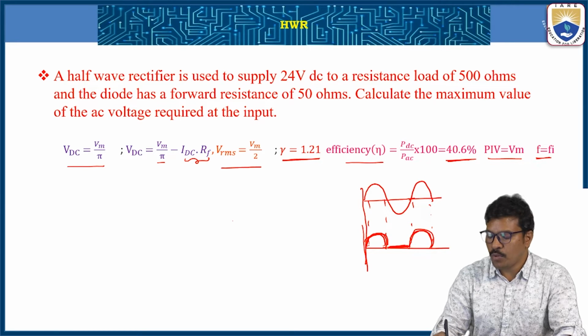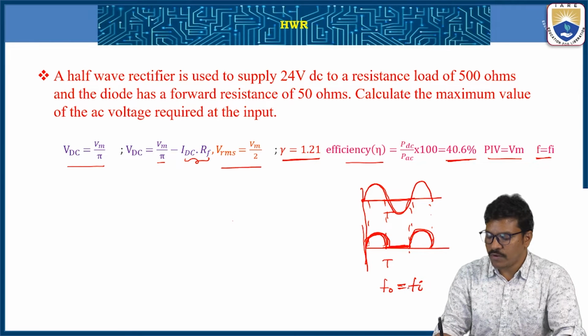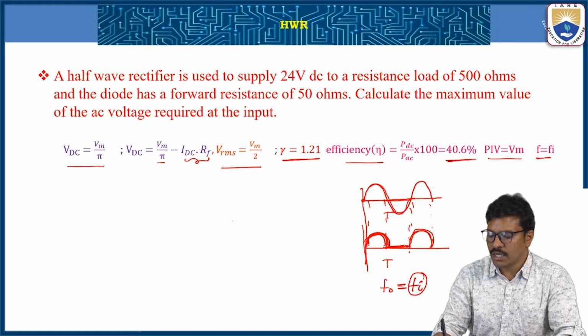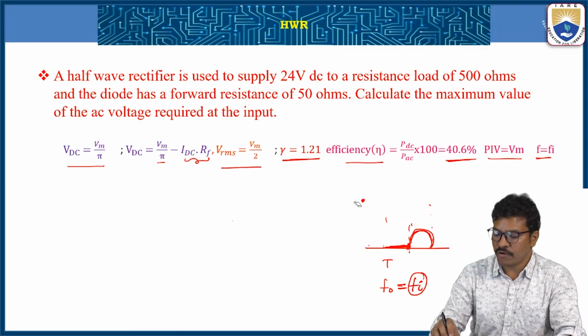When we measure the frequency from the time period, the time period is one full cycle, positive and negative half. Here also the output is one half cycle and a zero cycle, so the time period is the same, capital T. When T is the same, frequency is also the same. So the rectified output frequency F naught is equal to Fi only, because we consider both cycles. So that is the frequency in the half-wave rectifier.